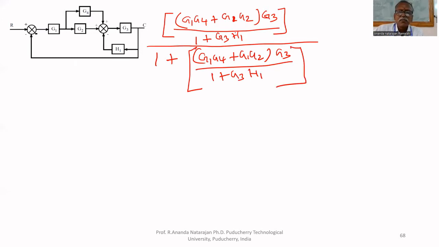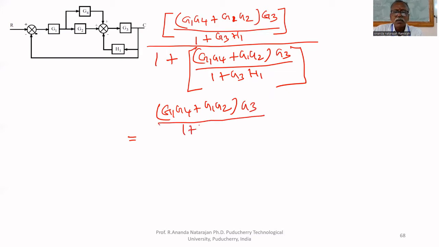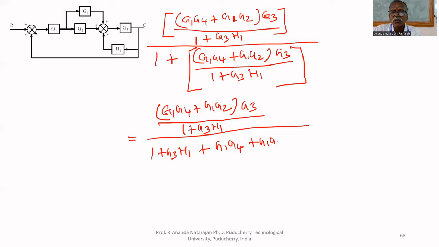If you take LCM, these two get cancelled. So this is equal to G1 G4 plus G1 G2 multiplied by G3 upon 1 plus G3 H1 upon, if you take LCM, 1 plus G3 H1 plus G1 G4 plus G1 G2 multiplied by G3 upon 1 plus G3 H1.